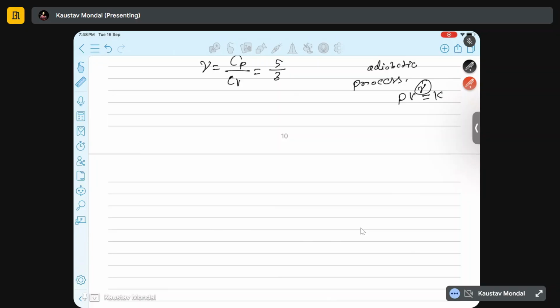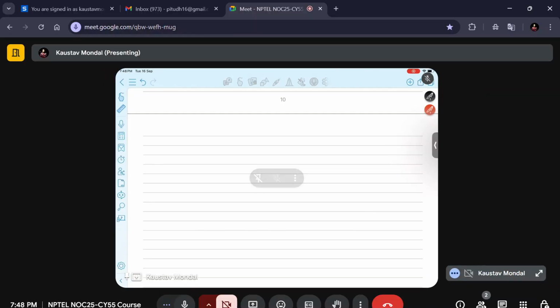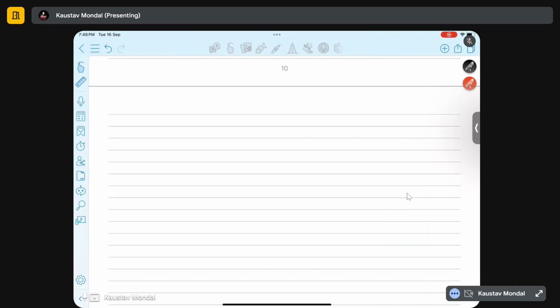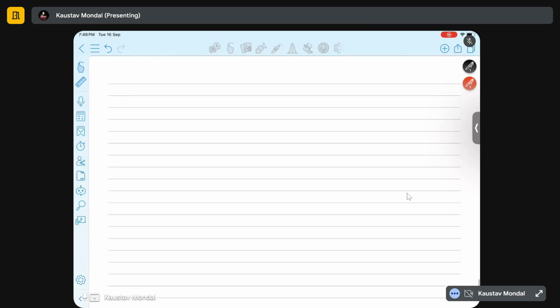So problem 1 we will do. One mole of an ideal diatomic gas is heated from 300 Kelvin to 400 Kelvin.